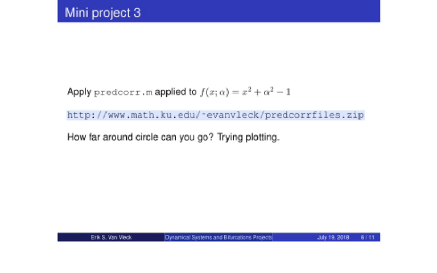The next project involves downloading the PredCore files and using them to do continuation, and what should happen when you try these is you'll get stuck where the implicit function theorem is no longer valid.